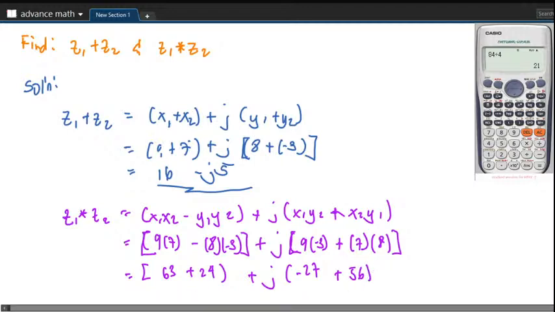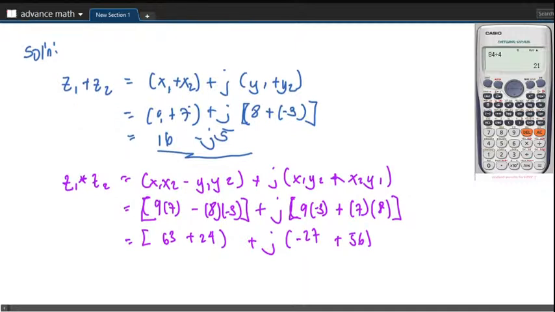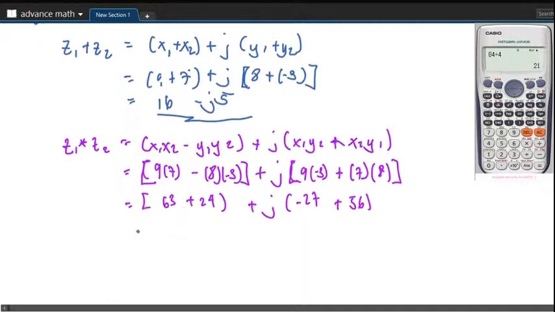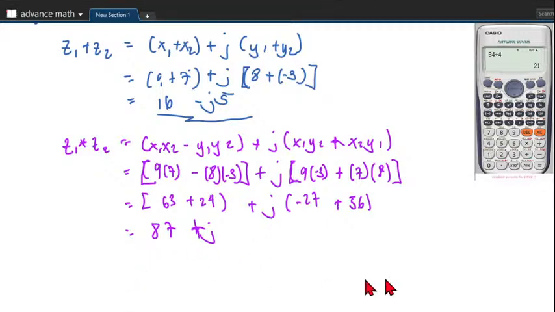So we have 63 plus 24, this will be 87, plus j, so we have negative 27 plus 56, and that will be equal to 29.